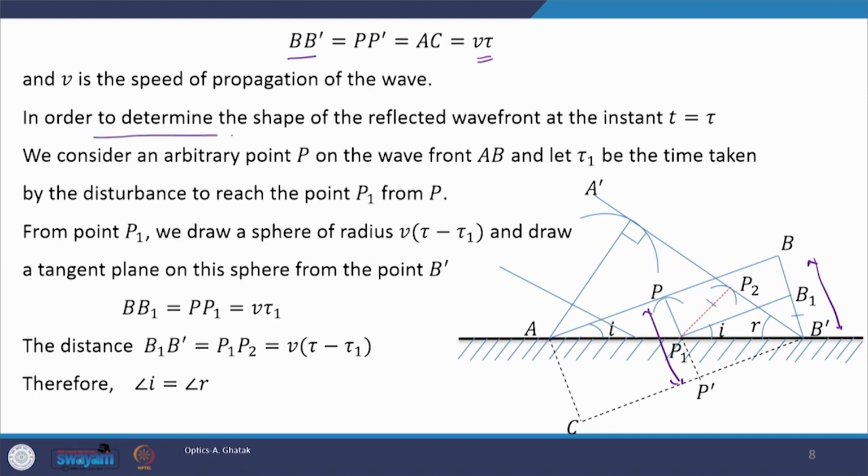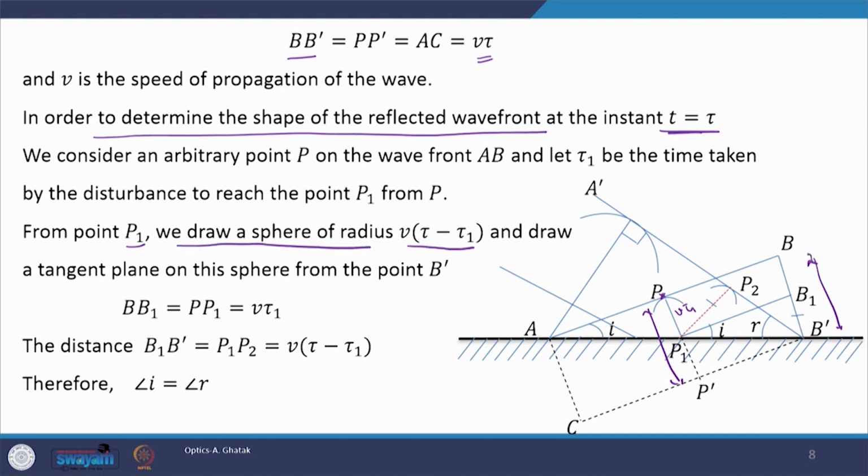Now, in order to determine the shape of the reflected wave at some time t equal to tau, we consider this arbitrary point as stated before, and we assume that this distance is V tau 1. Tau 1 is the time which P takes to reach P1. Now, from point P1 we draw a sphere of radius V tau minus tau 1.